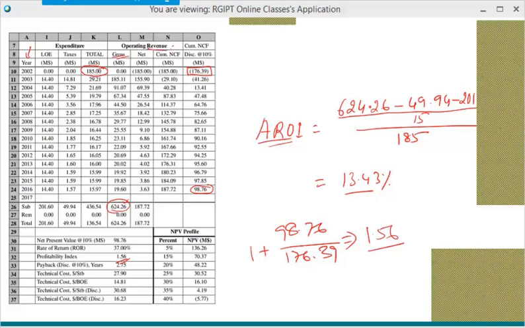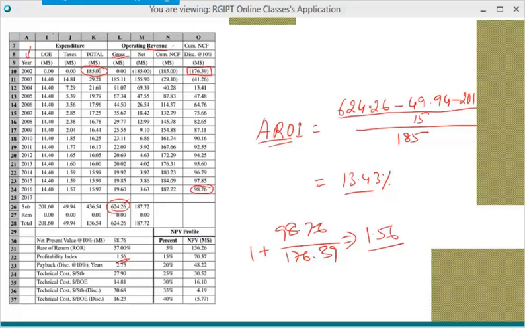LOE is also called lease operating expenditure, or operating expenditure, OPEX. The next one you have is the revenue.